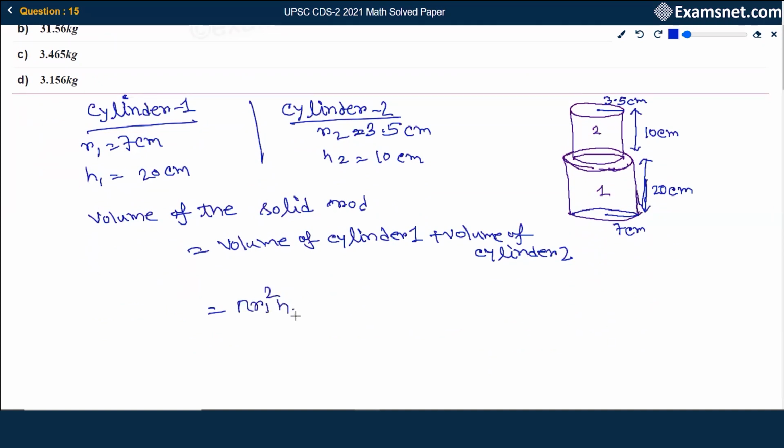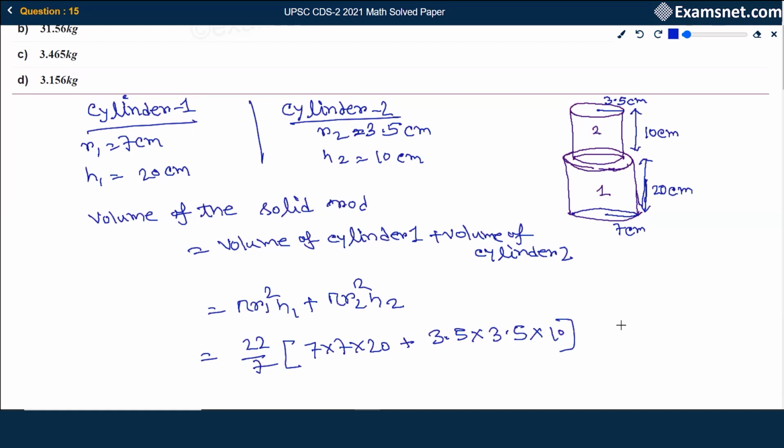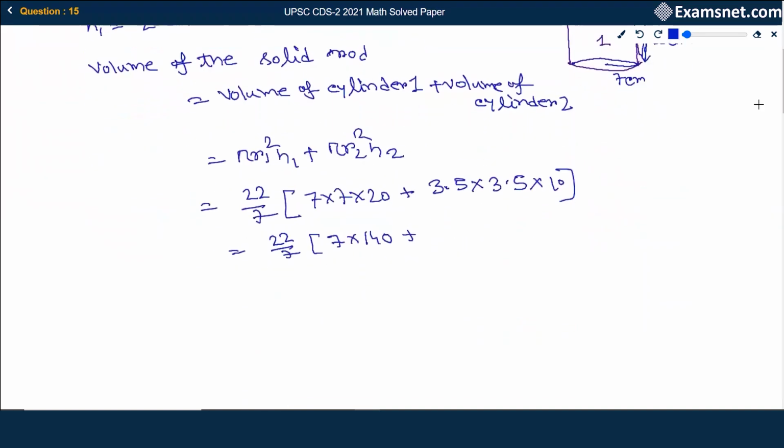Pi R1 square H1 plus pi R2 square H2. Now we can put all the values here. After taking pi common, that is 22 by 7, 7 into 20 plus 3.5 multiplied by 10. So here now I can write 7 multiplied by 140 and 3.5 multiplied by 35 after finding the product of 3.5 and 10. From both terms, I can take common 7.